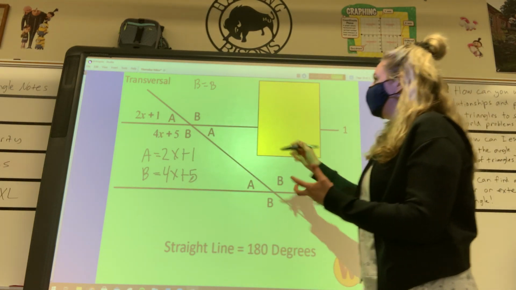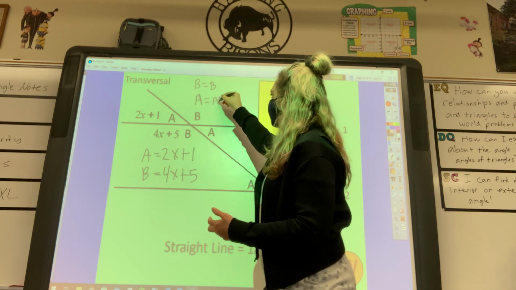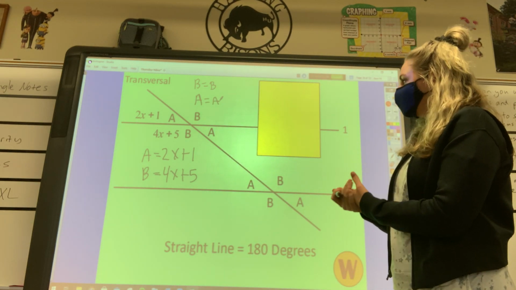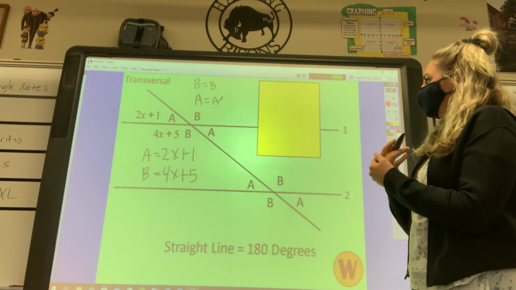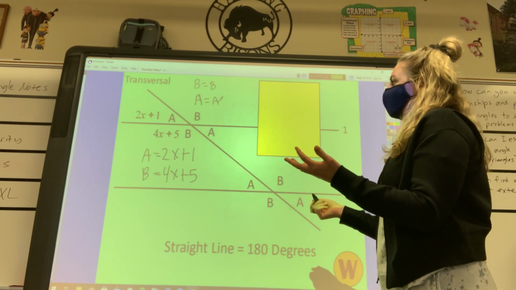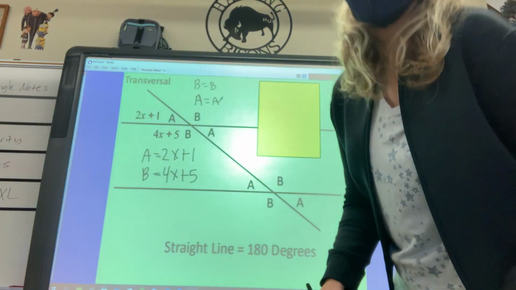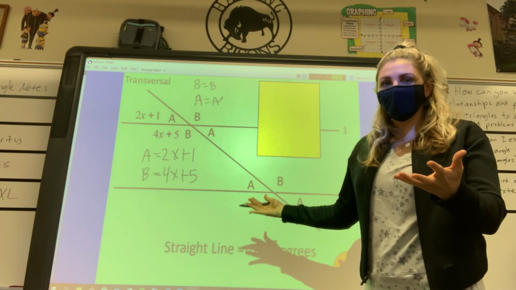Well, A doesn't equal B because A equals A and B equals B. So we need to solve for x because they're asking us to find the angle, but x doesn't help us because it is just an unknown number.